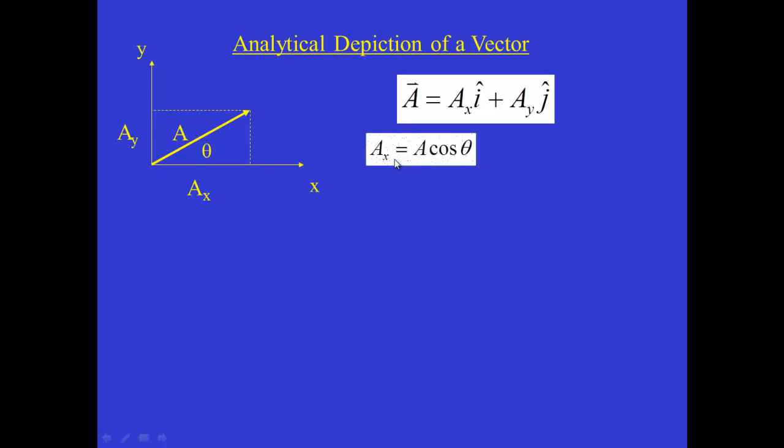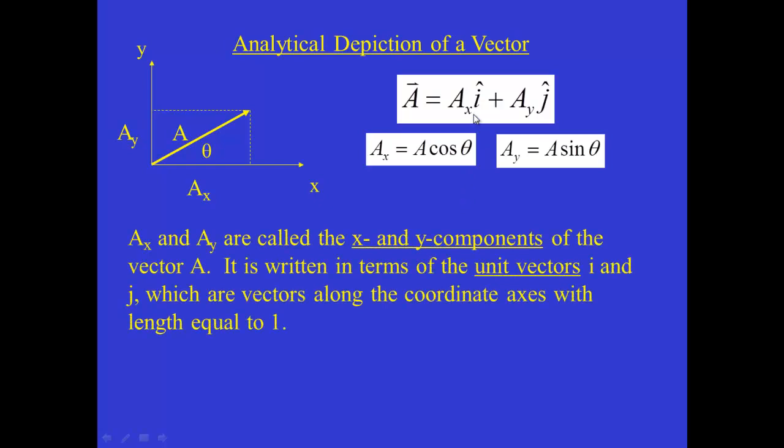And we use a special kind of notation to do this. We use special vectors, i hat and j hat. And i hat and j hat are called unit vectors. They are vectors that have length equal to 1, and they lie along the coordinate axes.